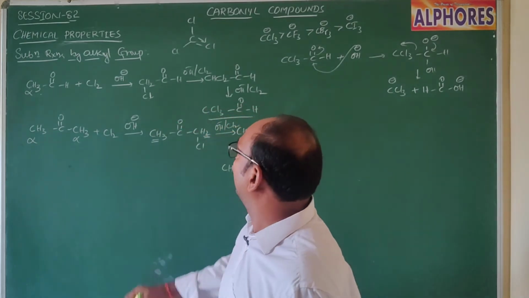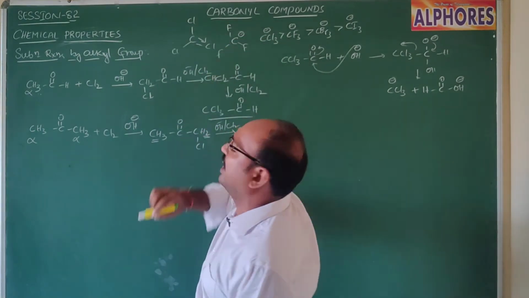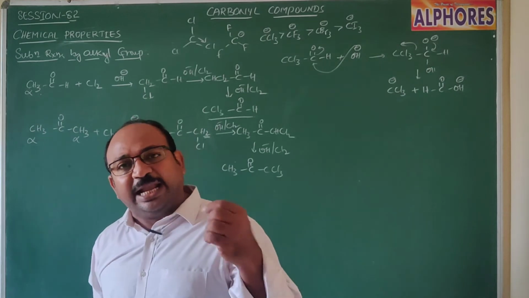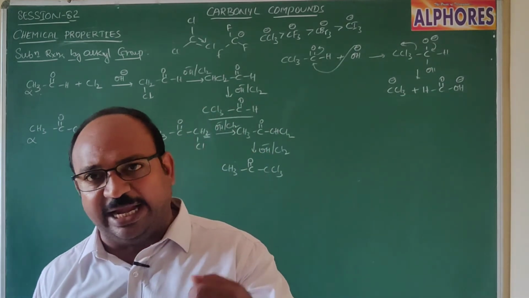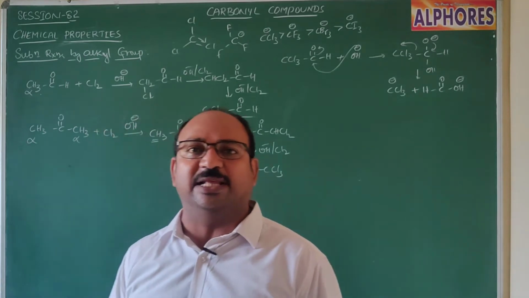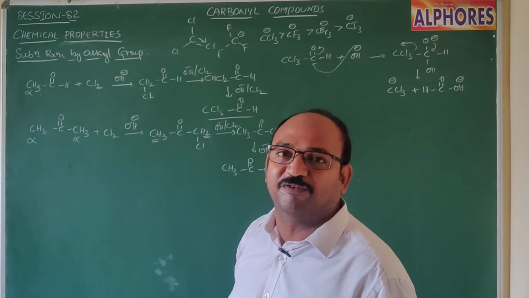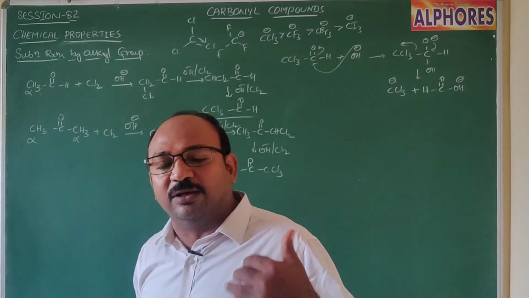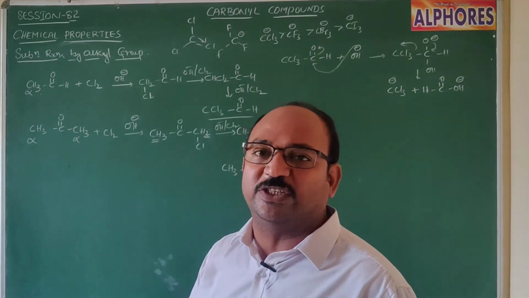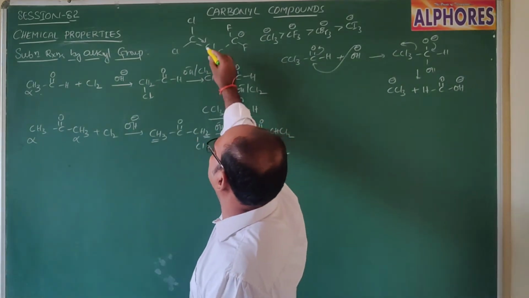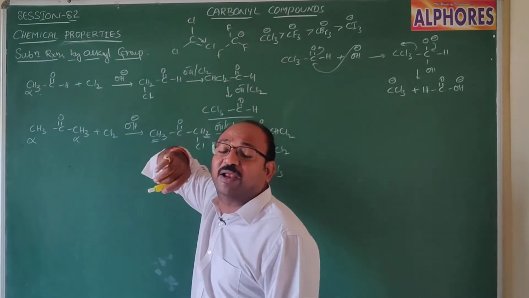Of course, here fluorine is a strong electron withdrawing group, and by inductive effect it stabilizes more. Fluorine stabilizes more by inductive effect, meaning minus I effect. But here chlorine stabilizes not only because of the minus I effect; in addition to that, along with minus I, it also provides vacant orbitals.